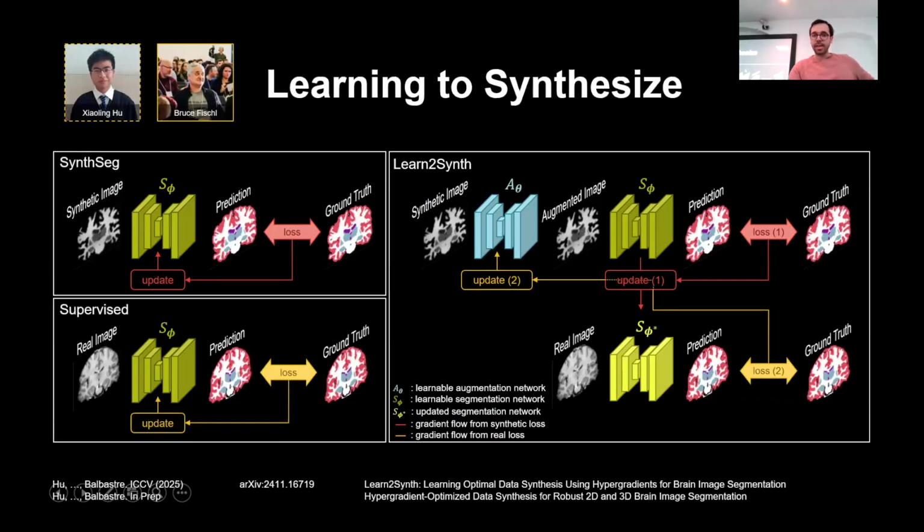The other thing that I wanted to mention is that, okay, so everything so far has been using purely synthetic data, but what if we do have some real data? Can we actually get better? And so we designed a learning strategy to try to optimize the synthesis procedure or the hyperparameters of the synthesis based on real data that's labeled.